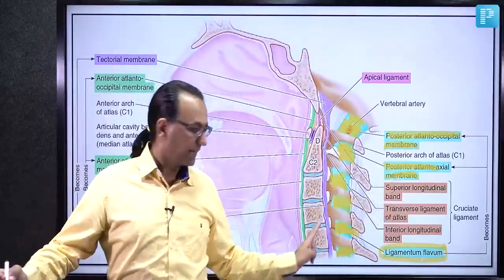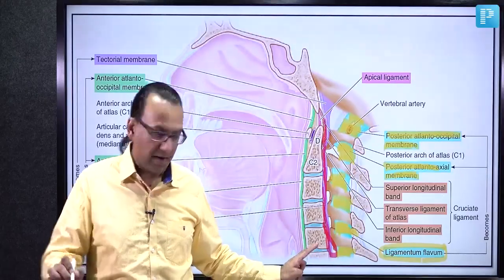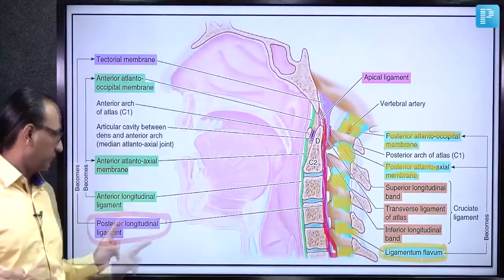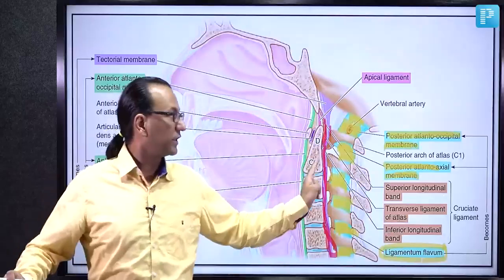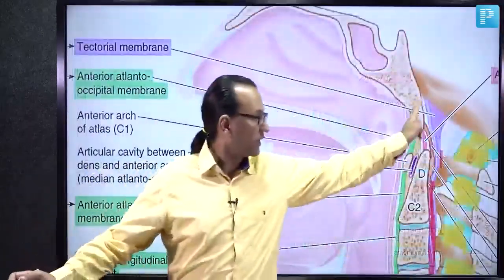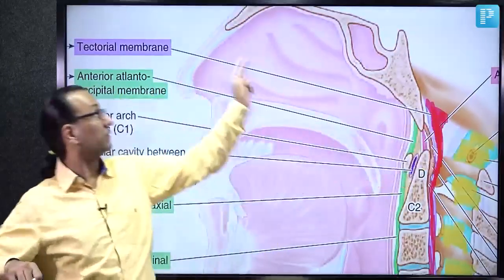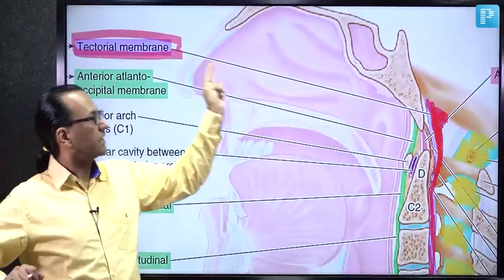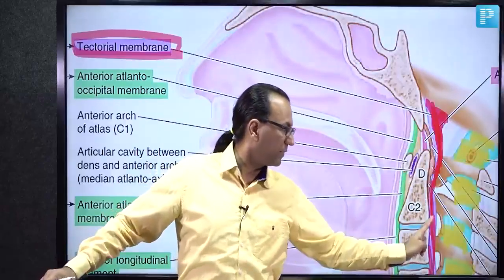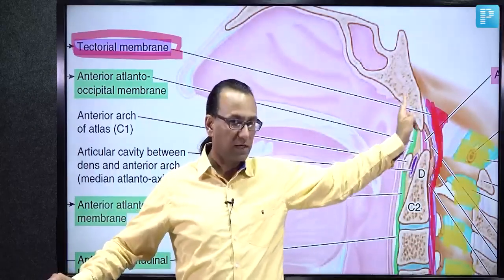And then you notice there is the posterior longitudinal ligament, which is running behind the body of the vertebra. As it enters the foramen magnum, it will change its name. Let us zoom into this area, and you will notice that it continues upward as the tectorial membrane. So the tectorial membrane is the continuation of the posterior longitudinal ligament as it enters the foramen magnum and attaches to the occipital bone on the inner surface.